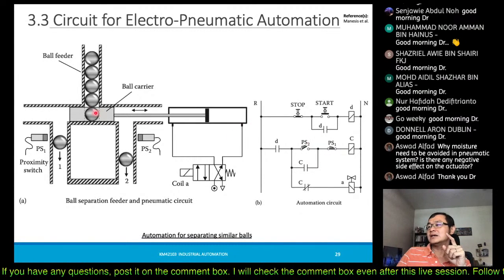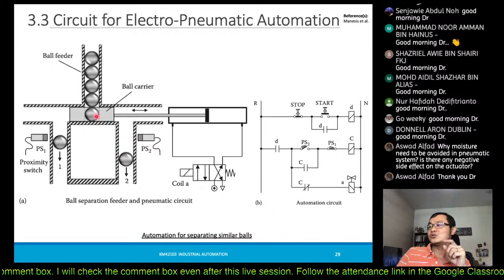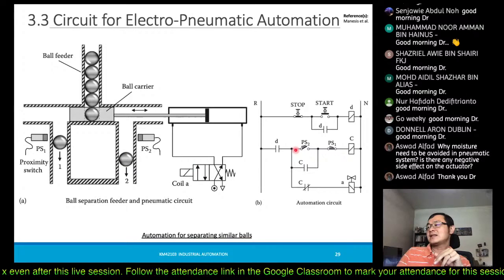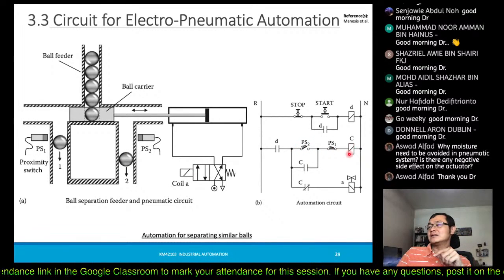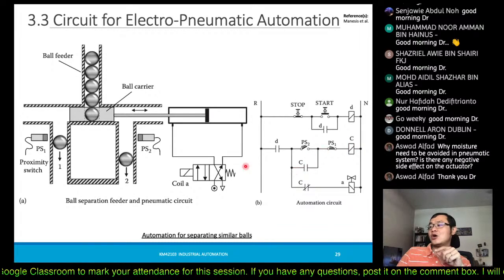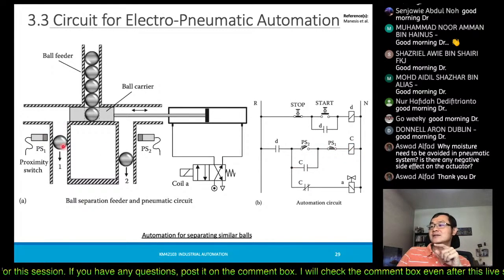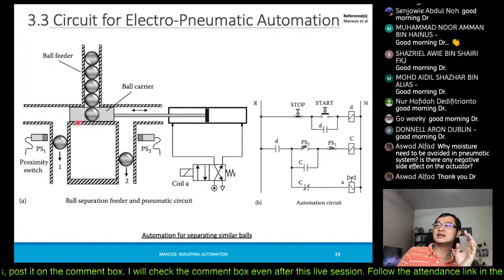Most of the time, in the original or initial rest position, this piston will be inside until you start to activate PS2. When a ball passes through and it detects it, you start to switch this closed, and then this one will switch on to operate. Once it switches on, if another ball passes here, this one will open up again.